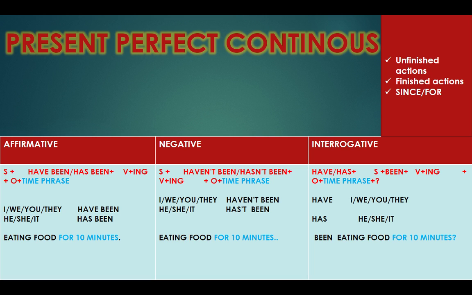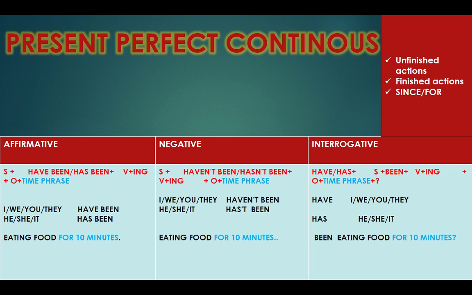So this example really doesn't mean that I have finished writing. This means that I was writing in the past and now I'm tired, because my hands are aching and I have stopped writing, and then I'm going to continue tomorrow. This is where we use present perfect tense again. I mean present perfect continuous.